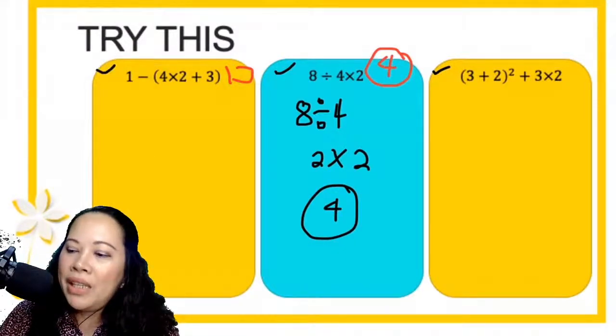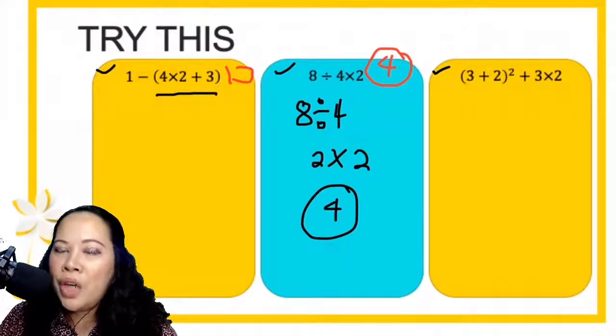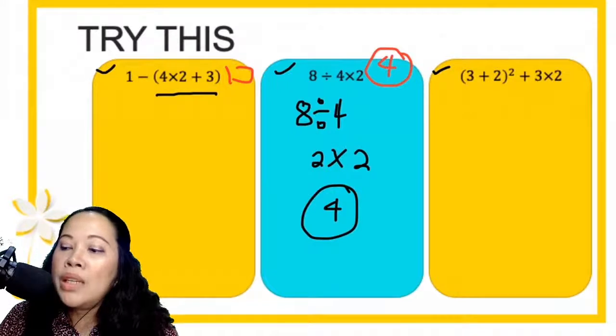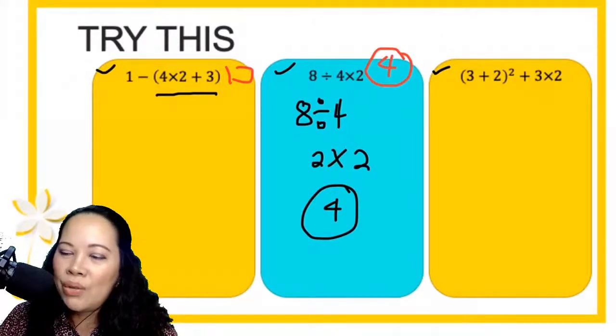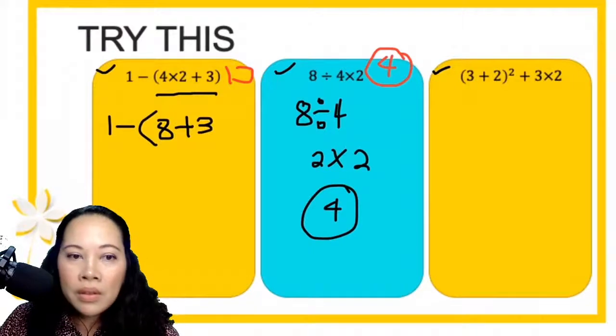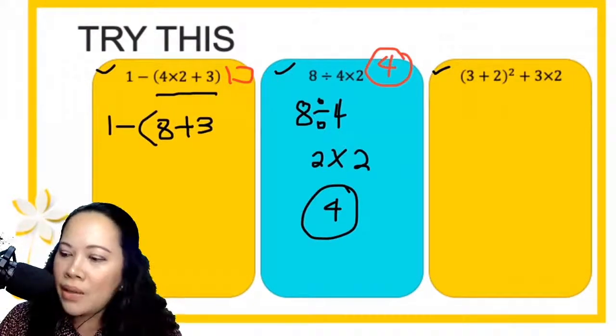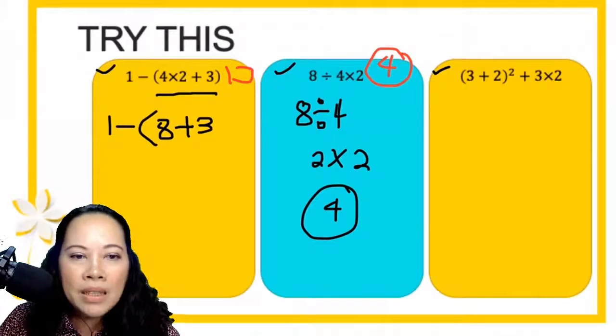So again, if it is with brackets, we do the operations inside the bracket first. And since there are 2 different operations here, we would do the multiplication first over addition. So this will be 1 minus, 4 times 2 is 8, plus 3. Is that a plus? Yeah, it's a plus.